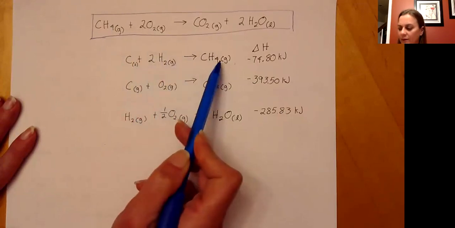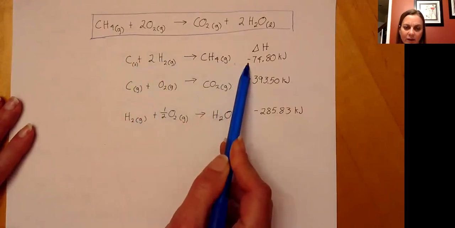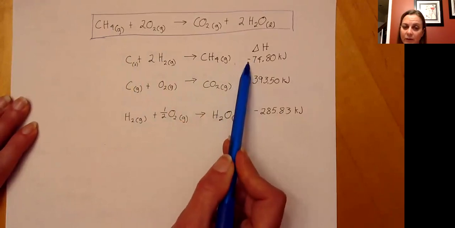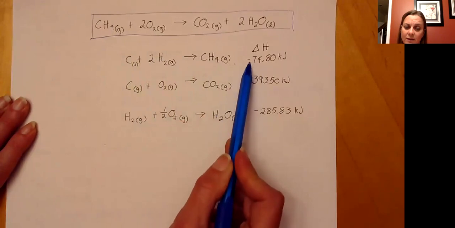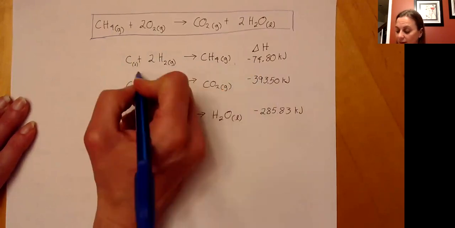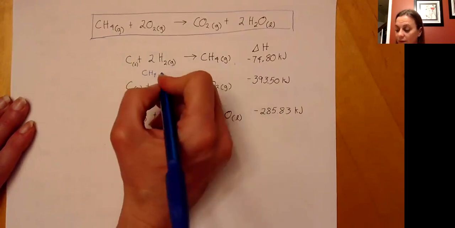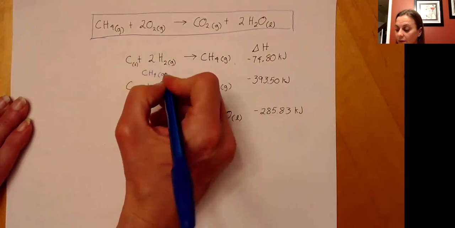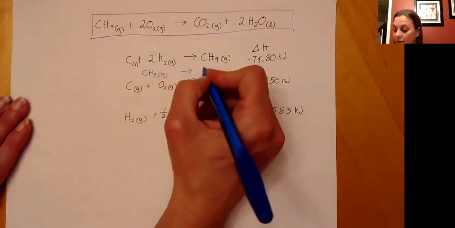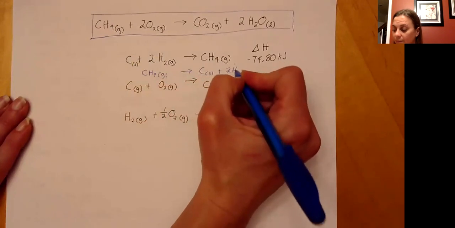And right now, this is written as an exothermic reaction. The formation of methane is exothermic. But if I flip this equation around, the delta H gets the opposite sign. So I'm going to take this reaction and flip it. So instead of having C plus 2H2, I have CH4 forming carbon and hydrogen.